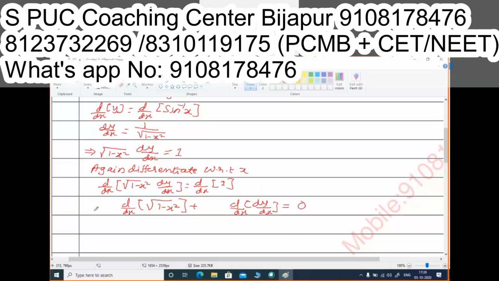Okay, whatever space you left here, what you are going to write here first? You take the first function here, the remaining function, that is dy by dx, the second function. Yes, what about here?